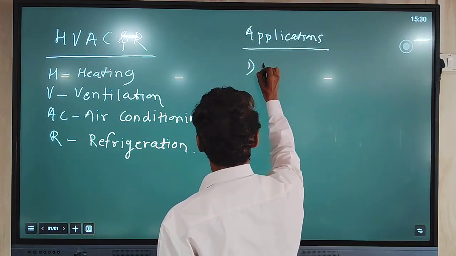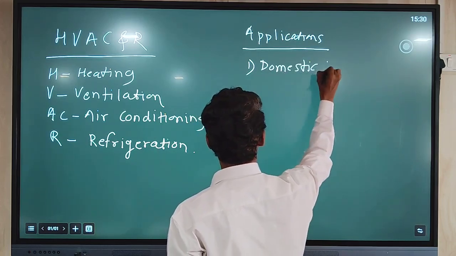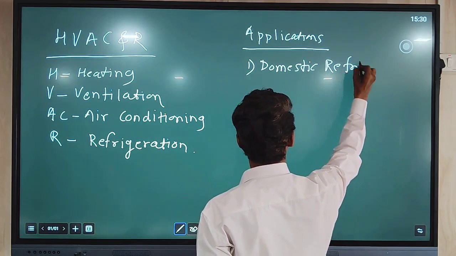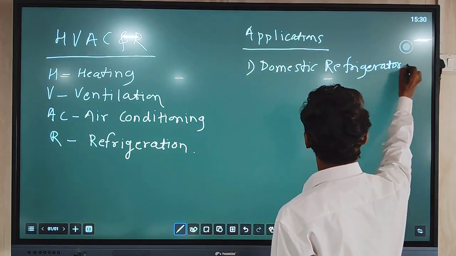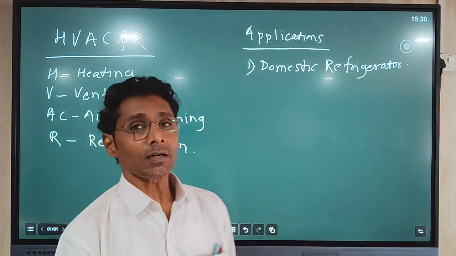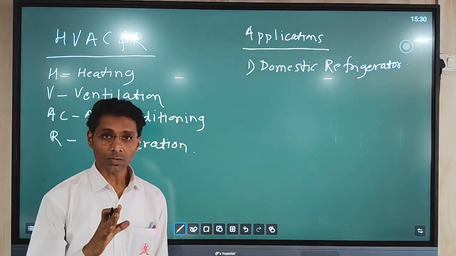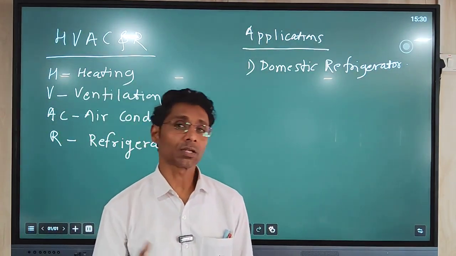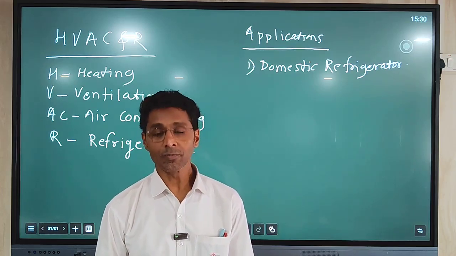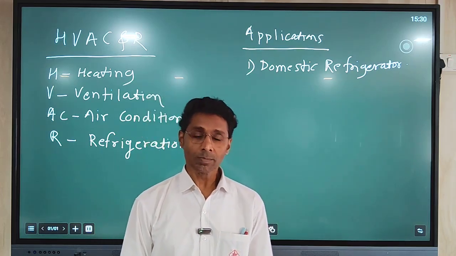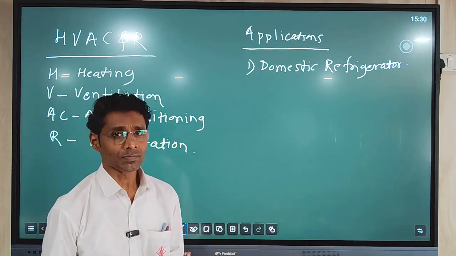First we will see the domestic refrigerator. A domestic refrigerator is used for storing products which are perishable in nature, for example milk, all the dairy products, vegetables, fruits, whose life is not more than 2-3 days.